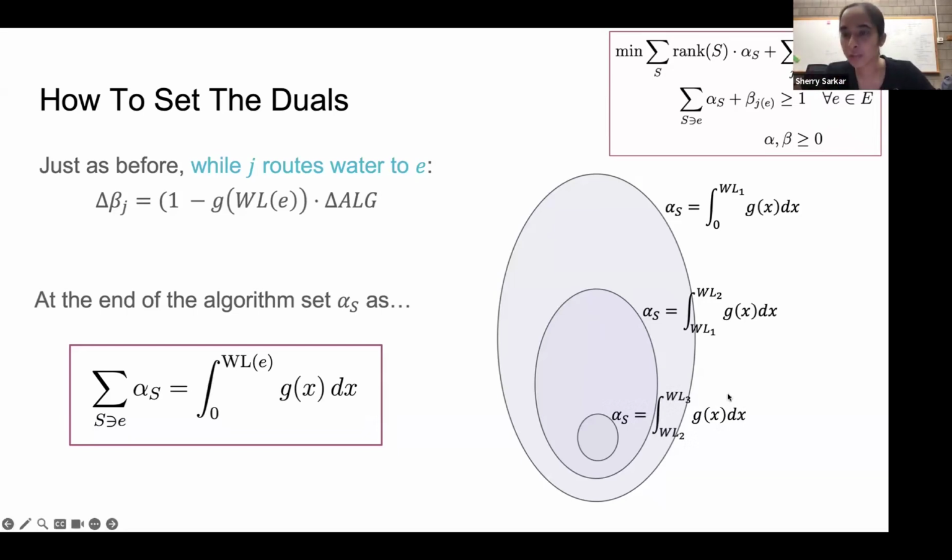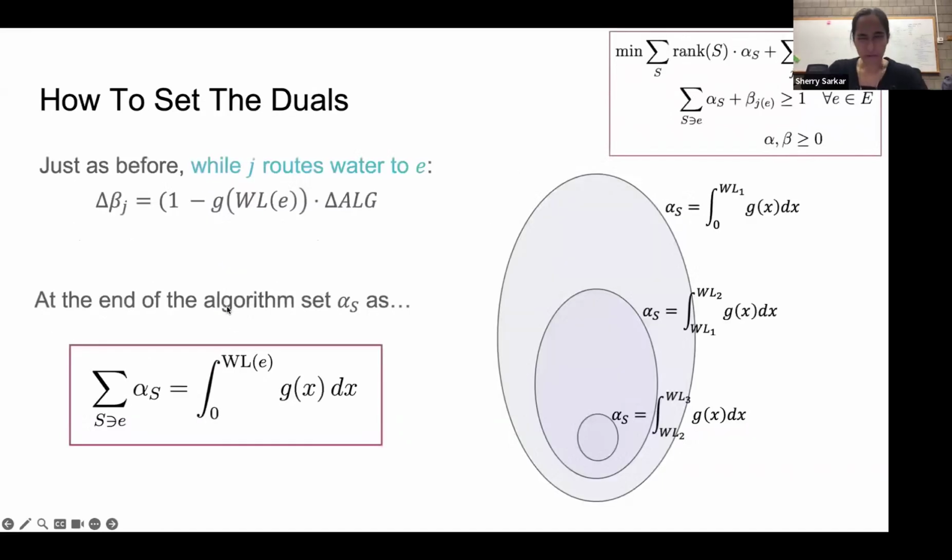And we set the alphas like this so that we get this nice property of the alphas, that this variable, which exactly mimics this summation in our dual constraint, has a simple expression, which is just the integral from 0 to the water level of E of g of x. So this is a very clean way to make this summation nothing more than this intuitive aggregate that we've had with the bipartite matching case.